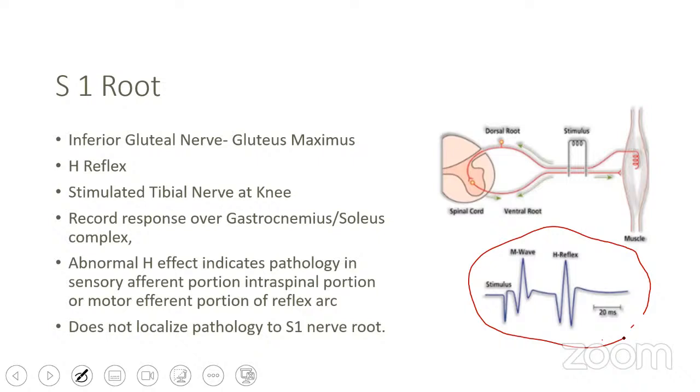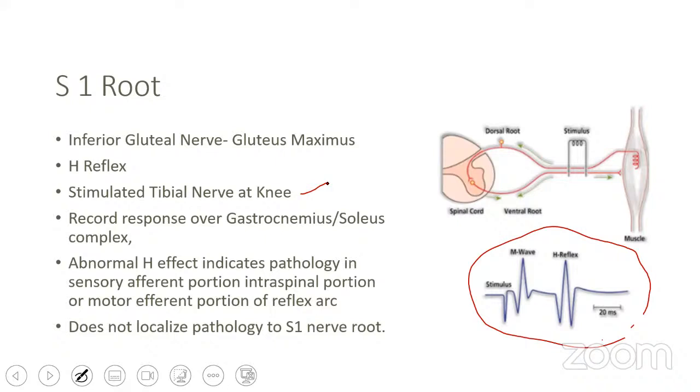You stimulate the tibial nerve at the knee and record the response over the gastrocnemius and soleus. An abnormal H reflex indicates pathology in the sensory afferent portion, intraspinal portion, or motor efferent portion of the reflex arc.